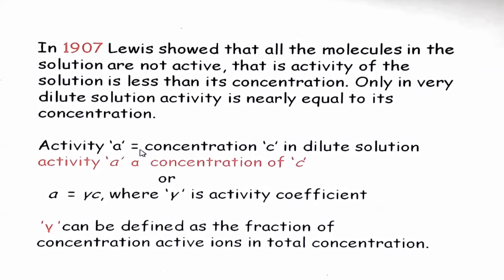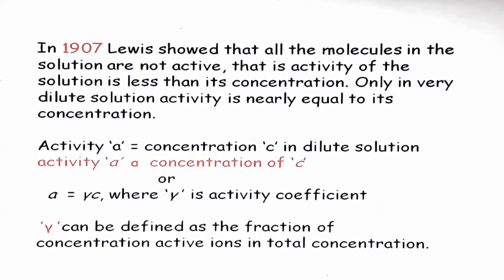So activity is equal to concentration in dilute solution, and this is applicable when activity is directly proportional to concentration. If we remove the proportionality sign, A is equal to gamma C, where gamma is the activity coefficient. A is activity, C is concentration, gamma is activity coefficient, and we can define gamma as the fraction of active ions in the total concentration.